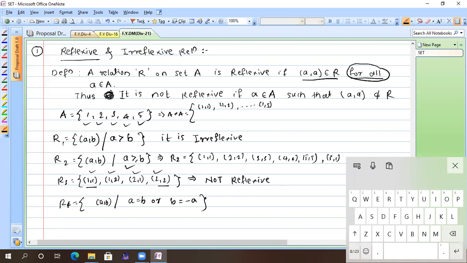Next row: (2, 1), (2, 2), up to (2, 5). Next is (3, 1). R4 is a subset of that set. Does that set contain (1, -1)? A relation should be a subset of A cross A. That is the definition of a relation. Are you getting my point?